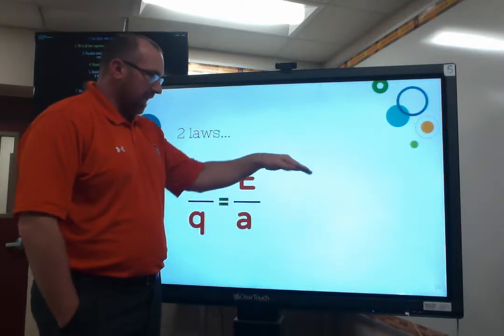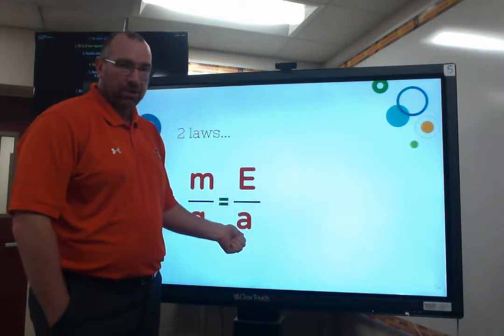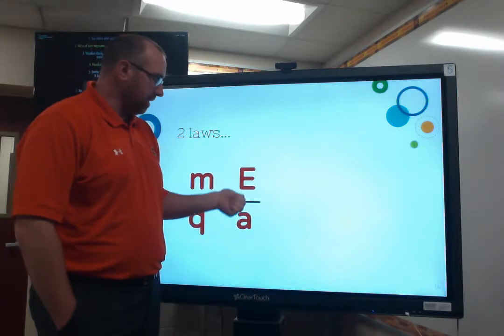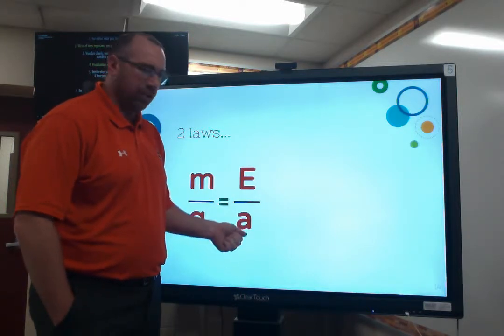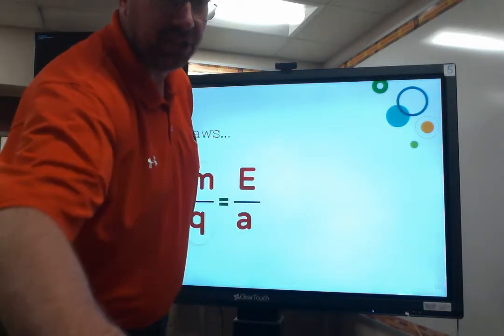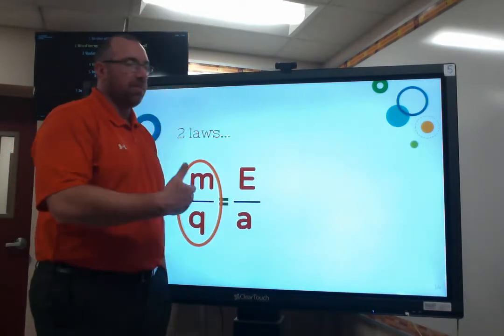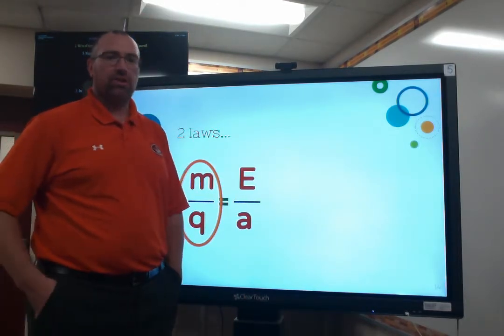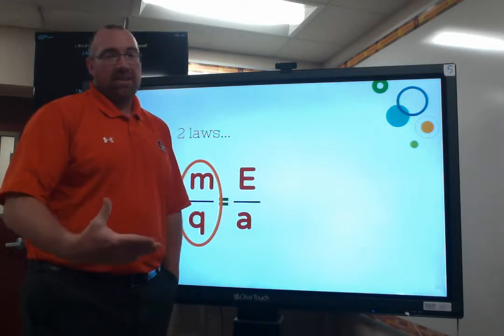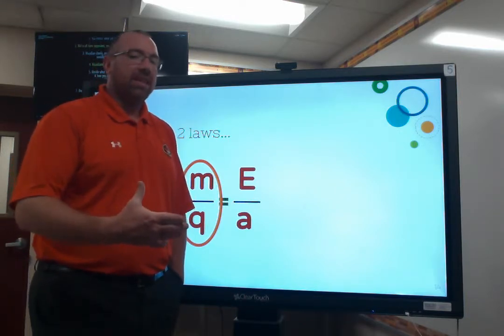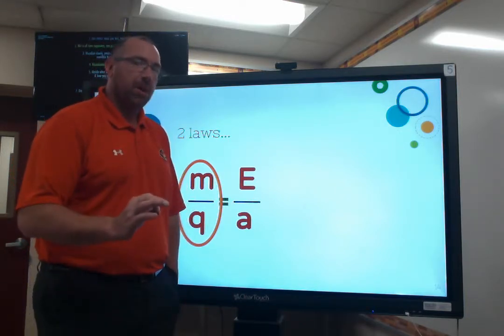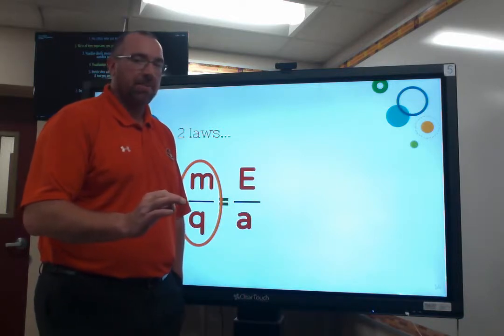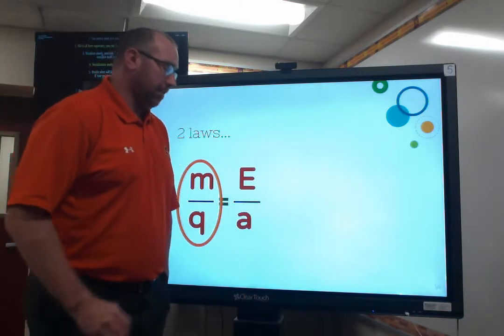So the angle of deflection was proportional to the acceleration. He could substitute that in for acceleration and come up with this ratio, which is known as the mass to charge ratio. This in and of itself wasn't able to tell him definitive properties of the particles in the beam, but it did tell him something.